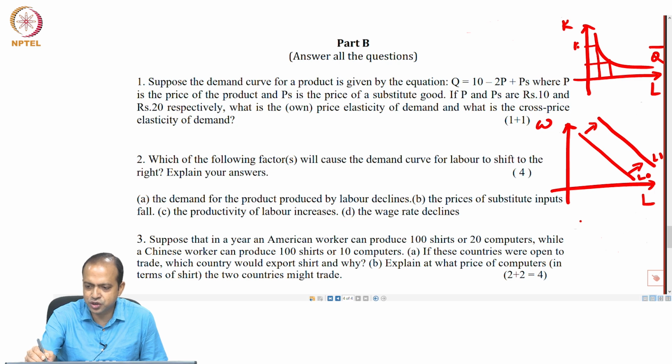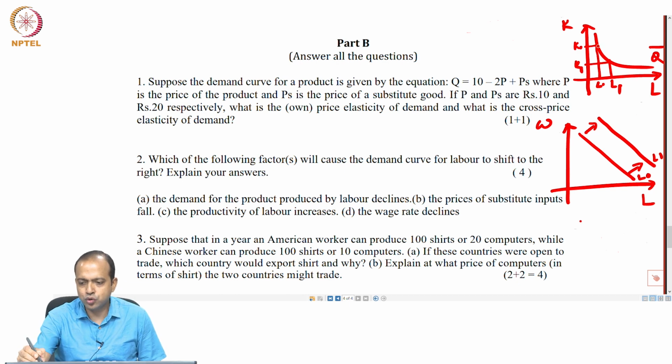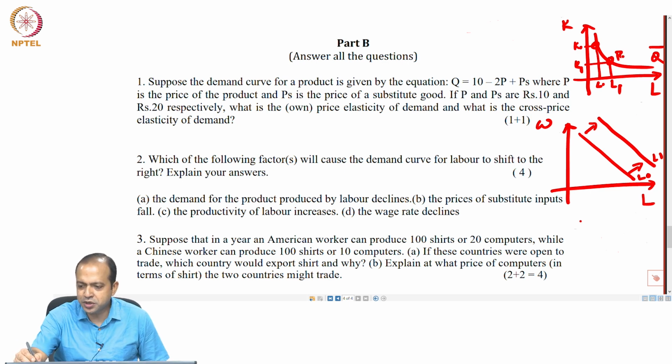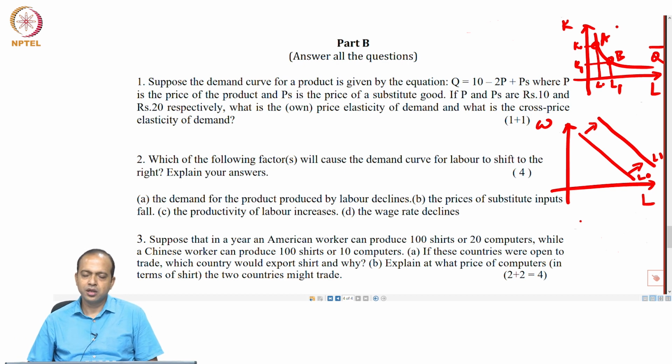Let us say this is K0, L0, sorry, this is K0 L0, this is K1 L1. So, whether I will use this combination or this combination. Let us say this is B and this is A. You can see from the diagram that at point A, the capital labor combination is denoted by K0 L0.